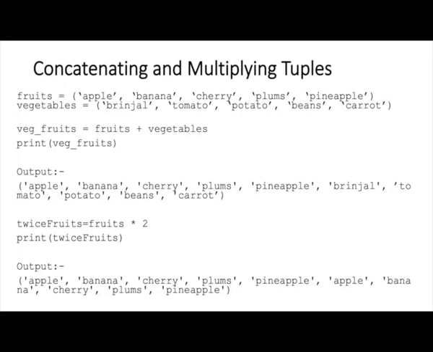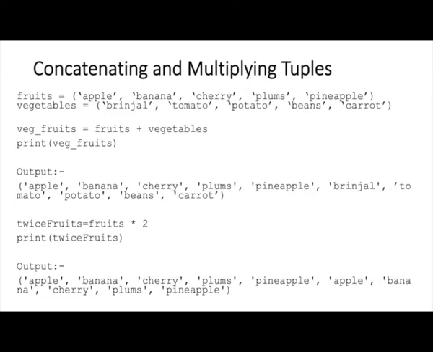Okay. Now, coming to the multiplication of tuples, here I want to multiply the fruits tuple by 2. So, I create a new tuple by the name twice_fruits, which is equal to fruits star 2, that asterisk, the multiplication operator. Now, I try to print out twice_fruits. So, what do I get at the output?